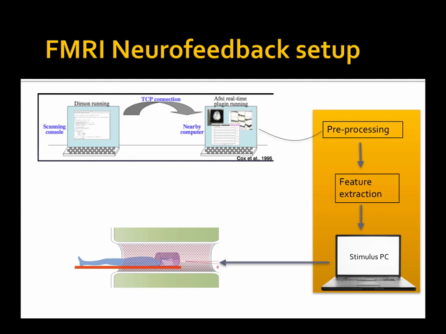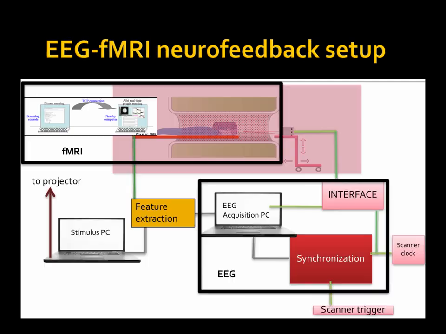Now when we want to do both together, and the reasons could be different, which I will talk about a little later, we need to have the fMRI setup and the EEG setup together, similar to what you saw in the lecture that Jen gave on how to have that in the scanner. Then your feature extraction will need to combine the EEG and fMRI data.